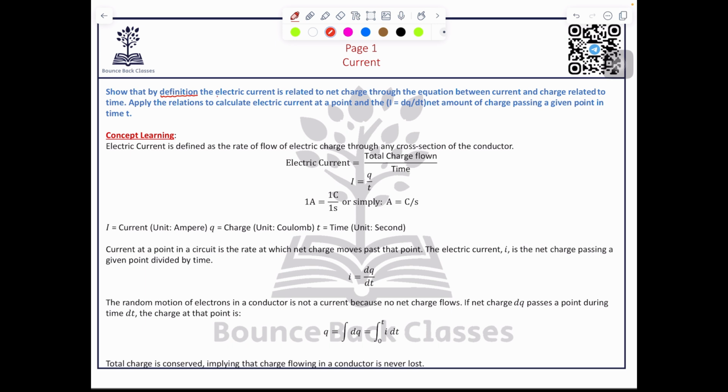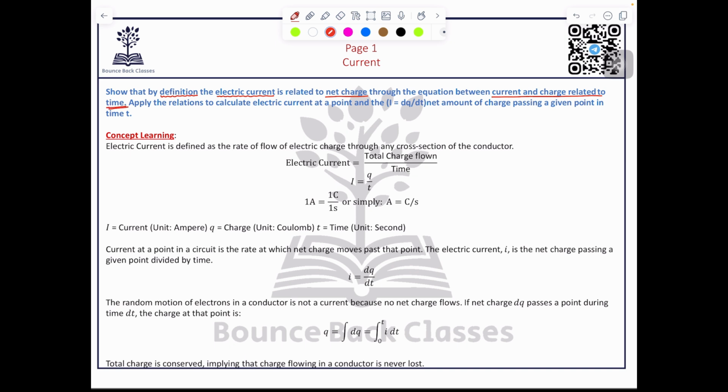The electric current. We should know what electric current is and what the relation is. Electric current is related to net charge through the equation between current and charge related to time.